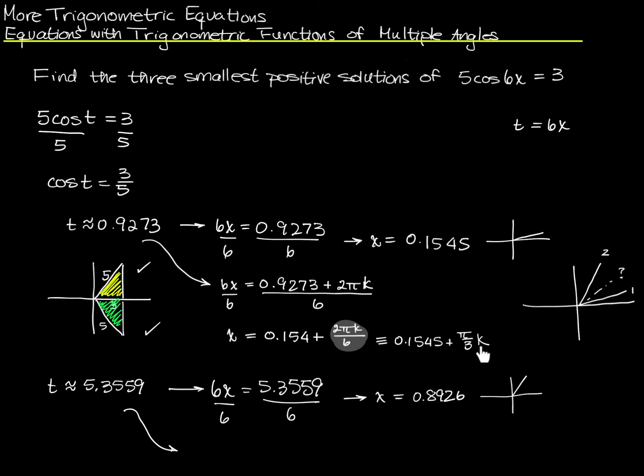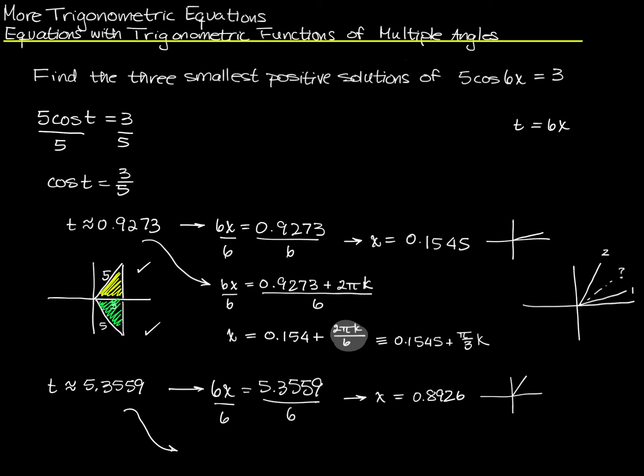So if k is 0, this whole term is 0, I get the first solution. That's with this one here. If k is 1, I get this plus pi over 3. That's my next solution. So let's go plug that into a calculator. When I find my 0.1545 solution and call that back into the main screen, and then I add plus pi over 3, I get, let's see, where should I put this?